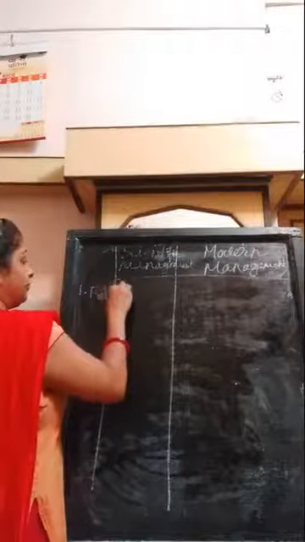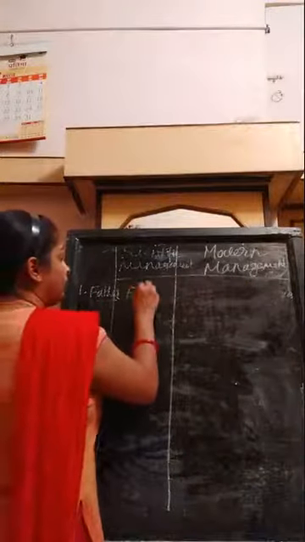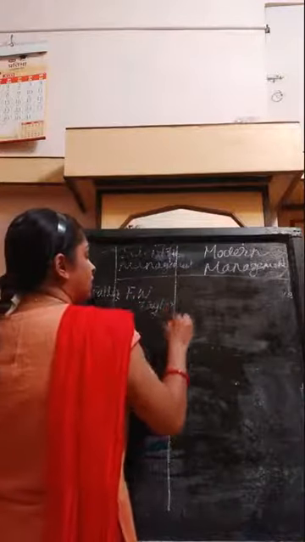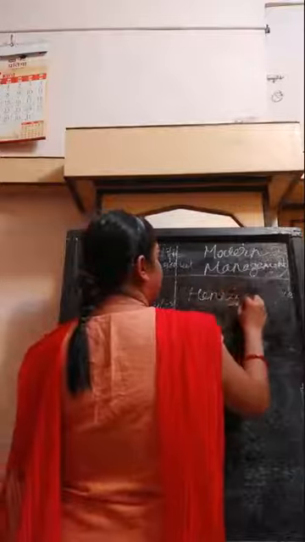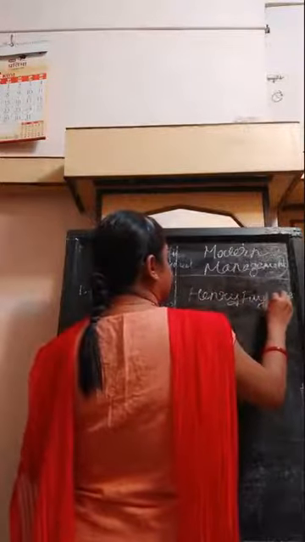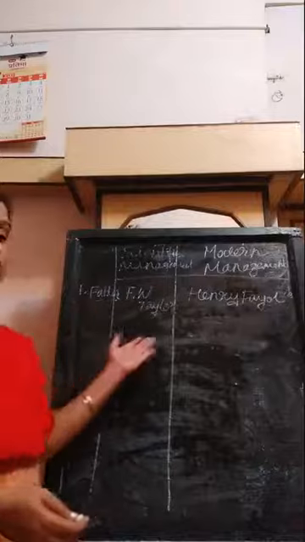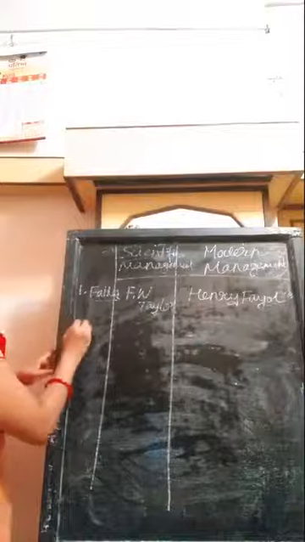The first one is the father. The father of scientific management is F.W. Taylor, whereas modern management, Henry Fayol. So this is the first and most easy point of distinction which you can remember. Now the second point is rigidity.